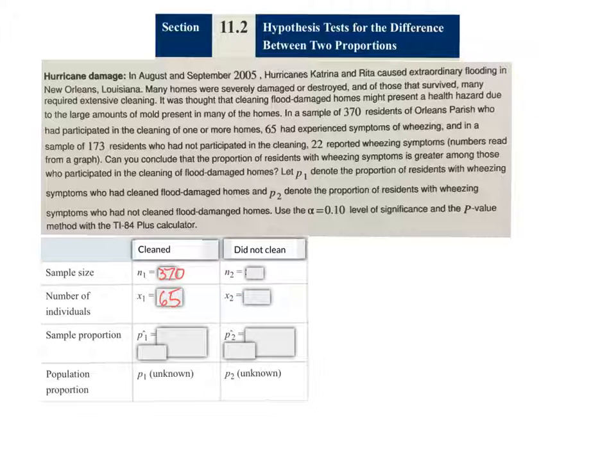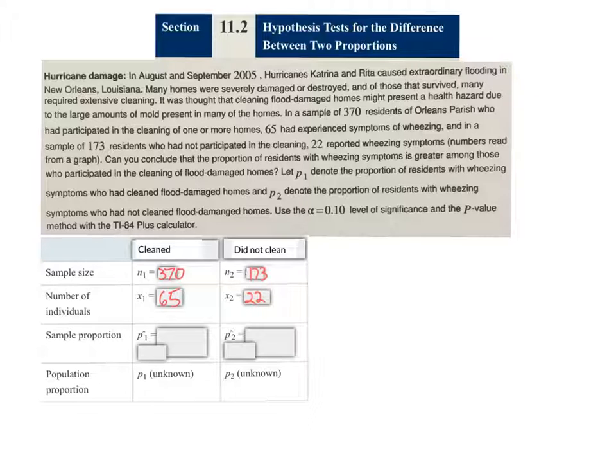And of those who did not participate in cleaning, there's a total of 173 that did not participate in the cleaning, 173. Of that group, we had 22 people that had wheezing problems.